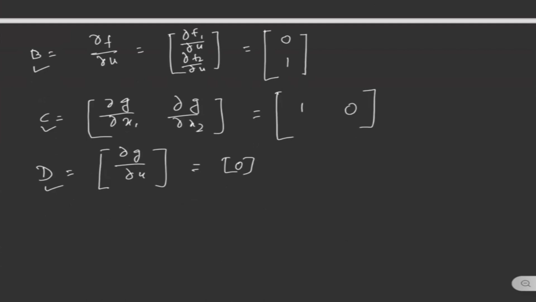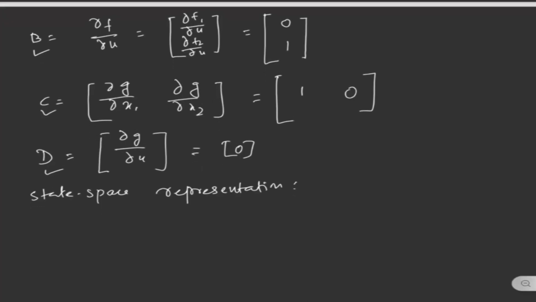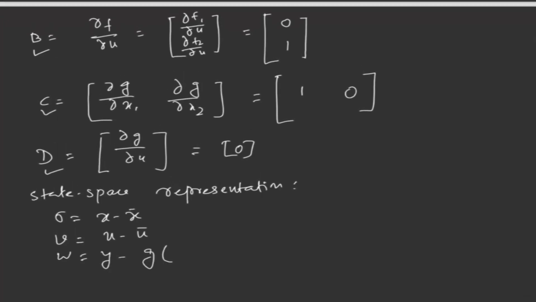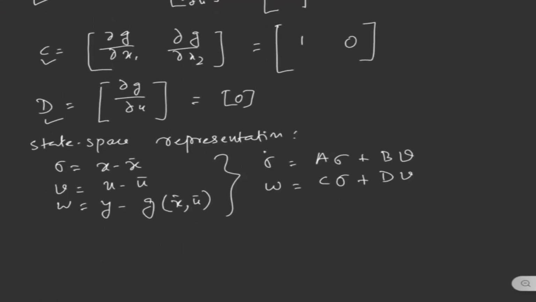In the state space representation, if you write in error form, the way you have done before, with sigma equal to x minus x bar, phi equal to u minus u bar, and w equal to y minus c(x bar, u bar), we have sigma dot equal to A sigma plus BV, and W equal to C sigma plus DV.